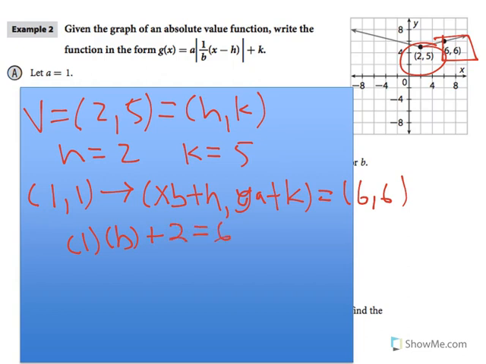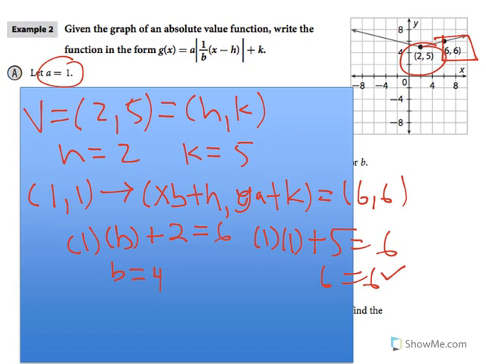So now solve for b. So then b is equal to 4. Do the same thing for a. So then say that 1 times a, but a is given as 1. So 1 times 1 plus our k, which is 5, equal to 6. So 6 equals 6. So then this is to check to make sure that we got it right.